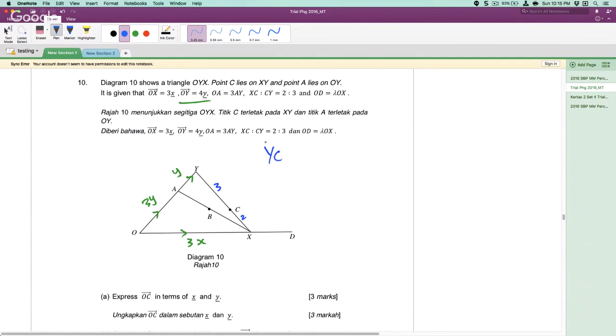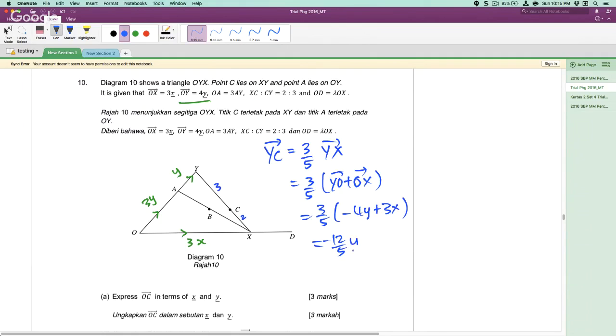YC we know is 3 out of 5 of YX, because this is 3 parts and here is another 2, so the sum is 5. I can easily get YX, which is YO plus OX, which is negative 4y plus 3x.